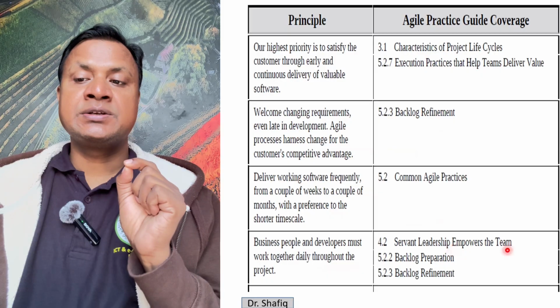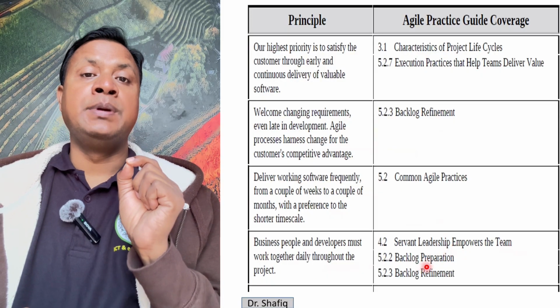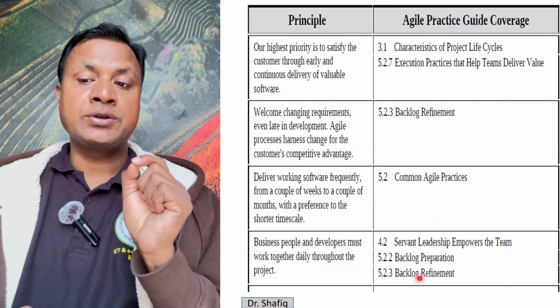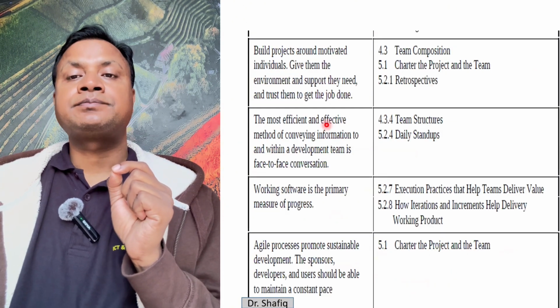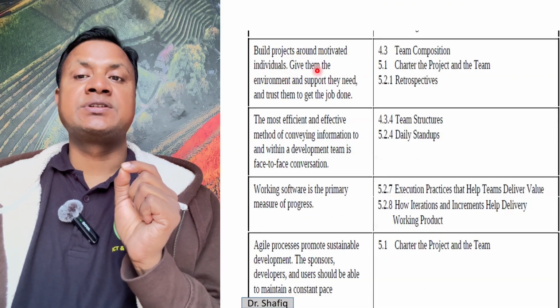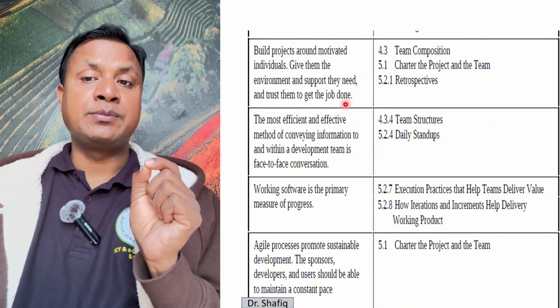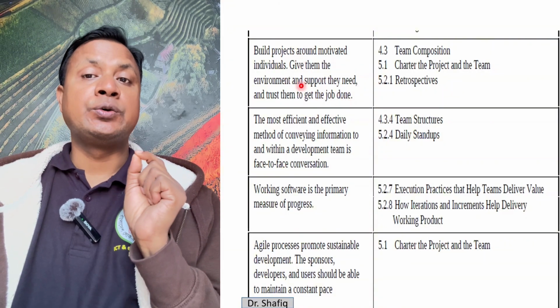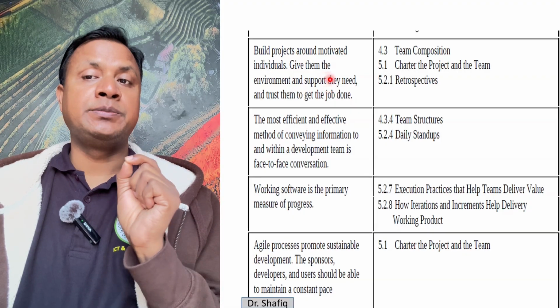So servant leadership empowers the team, and we make a backlog. We have preparation for backlog and backlog refinement. Build projects around motivated individuals, give them the environment and support they need, and trust them to get the job done. So here the team actually works independently to achieve the goal.